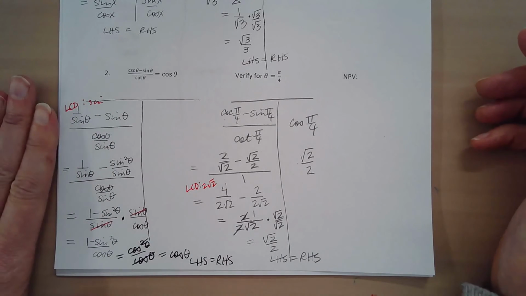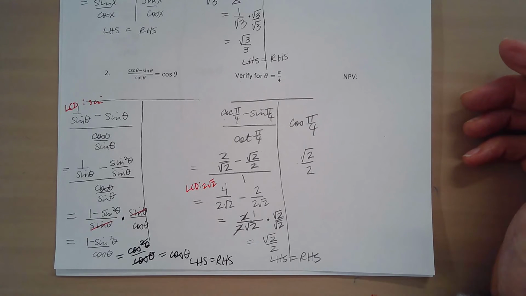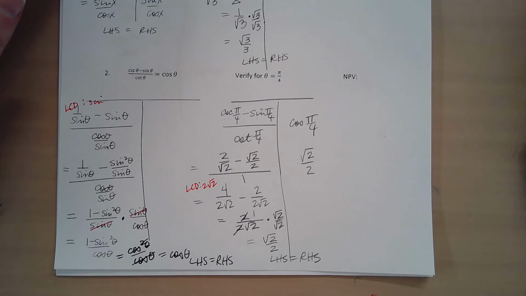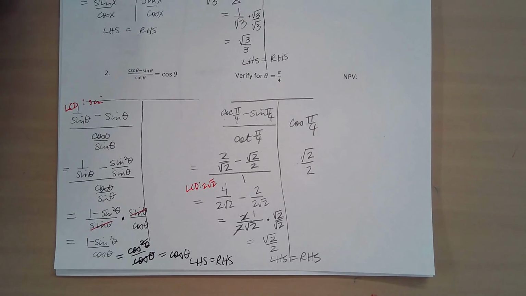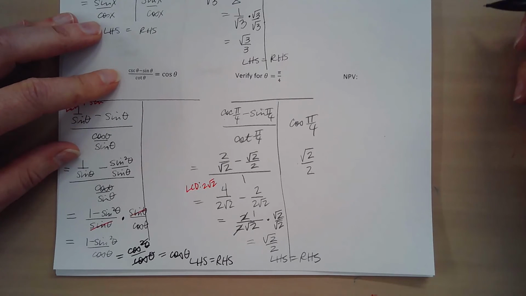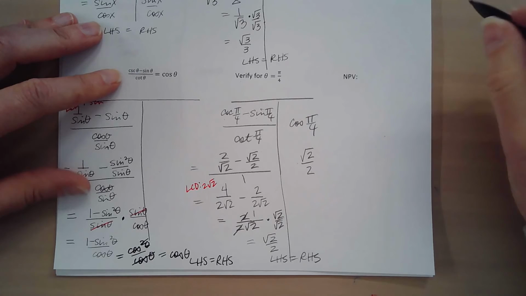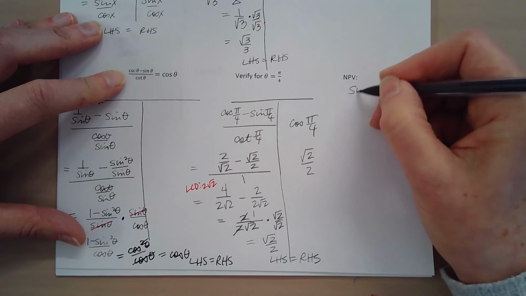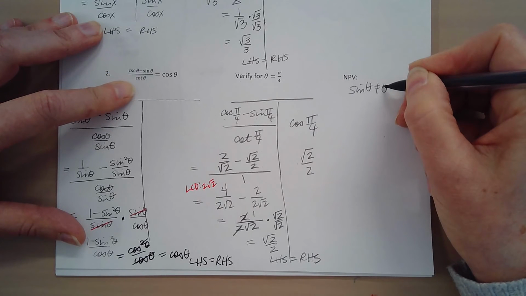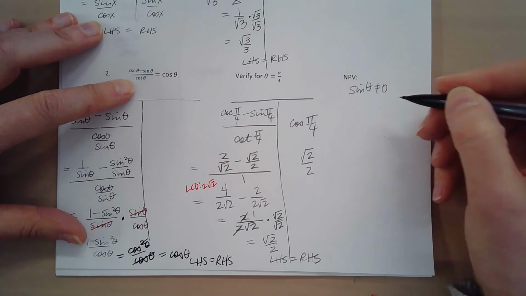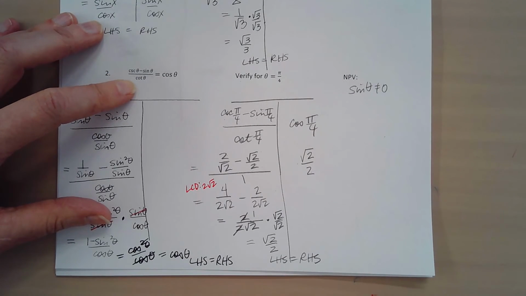What we did first is we actually verified for every possible value. And what are my non-permissibles? So someone tell me what my non-permissible values are. Yep, sine theta can't equal 0, right? And cotan can't equal 0, right?